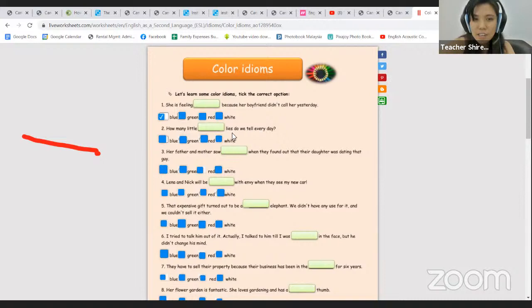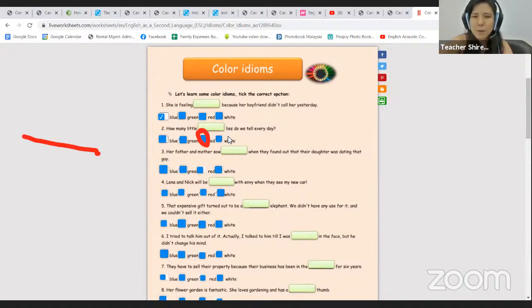How many little lies do we tell every day? A lie which is unintentional, which is a good lie. Okay, good lie is which color? Which color is a good lie? Red sounds like very angry.